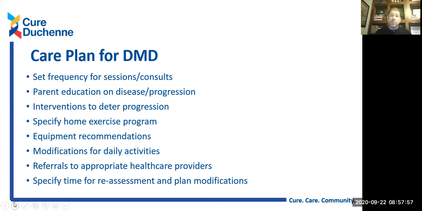It's really important for us to look at the whole picture and refer to appropriate healthcare providers when it's appropriate, whether that's a psychological evaluation if we feel that the child is having some depression or issues with well-being, is there a digestion issue, is there an endocrinology issue, is there an orthopedic issue?